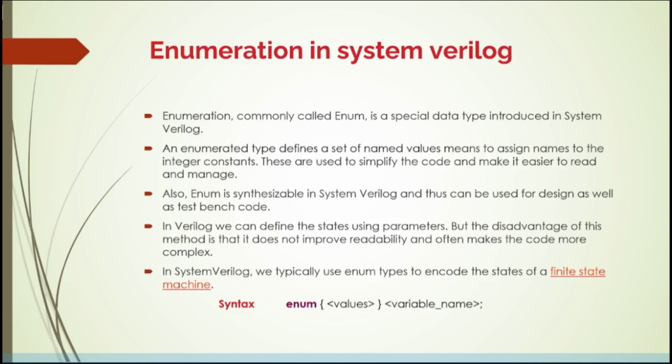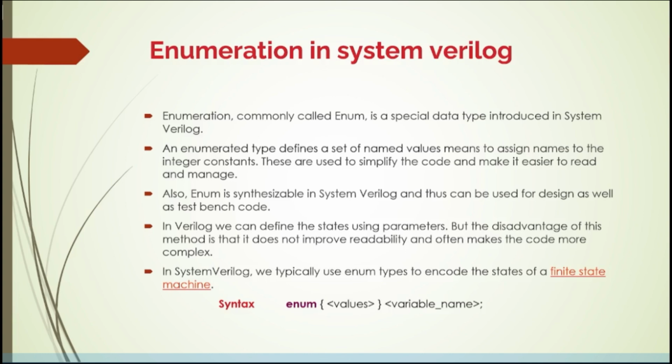In the same way, for example if you are working on finite state machines, you are generating a sequence where 100 means one output should occur, 101 means another output should occur. If you don't know what that 100 stands for, then the verification department doesn't understand how the code was created.